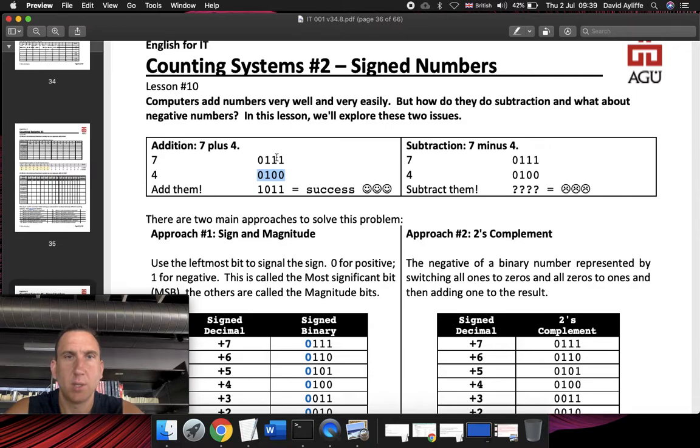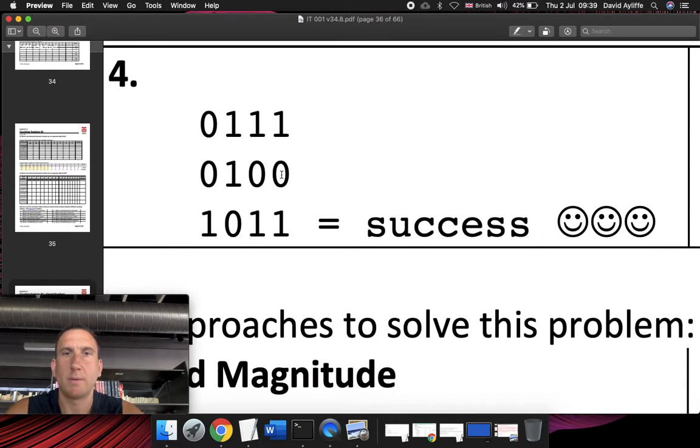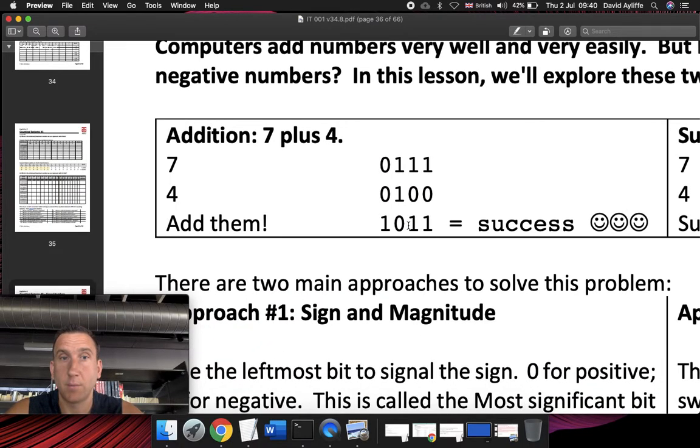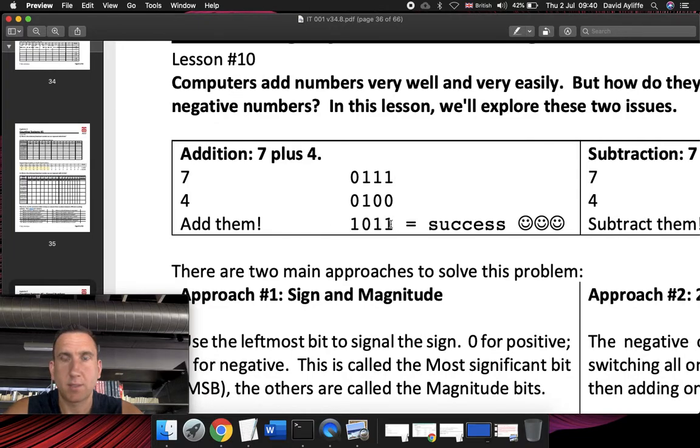And we add them. 1 plus 0 is 1, 1 plus 0 is 1, 1 plus 1 is 2, which is 0 carry 1. And the answer: this is 1, this is 2, this is 4, this is 8, so 8 plus 2 plus 1 is 11. 7 plus 4 is 11. Okay, success. The system works.